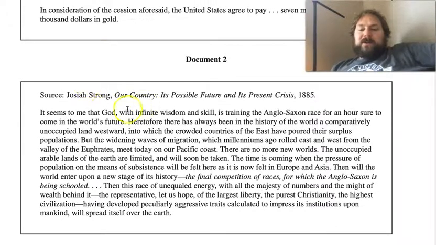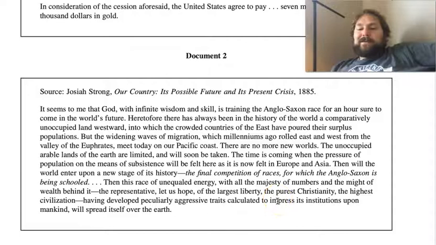You would not just say, and Josiah Strong says this, or, Doc 2 said that the Anglo-Saxon race, blah, blah, blah. No, you could say something like, in a book titled Our Country by Josiah Strong, or an 1885 book named Our Country, written by Josiah Strong, blah, blah, blah. Okay, so you don't just assume that the person has it.